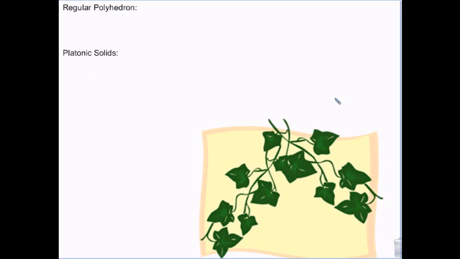Okay. We have what's called a regular polyhedron. Just like we had a regular polygon, you can have a regular polyhedron. And a regular polyhedron is all faces are congruent regular polygons.